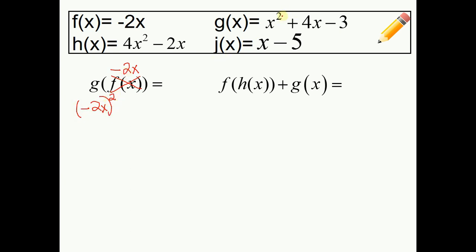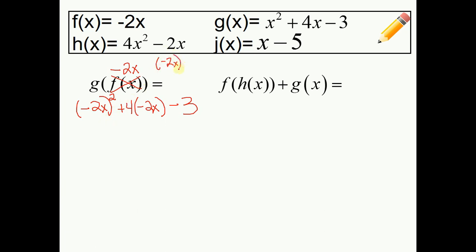Squared, because that was x squared, right? Plus 4x. Can't just write x. I got to write negative 2x. And then minus 3, because I got to finish out g. Don't forget to finish out g. Now, let's substitute this fully. Negative 2x squared. Let's write that off to the side.